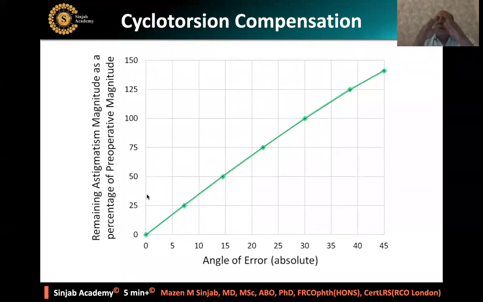While the patient is in the sitting position at the slit lamp, you can make the slit beam horizontal and make a mark at the 180. Then, while the patient is in the supine position, you check with the machine whether it coincides with your marks or not.